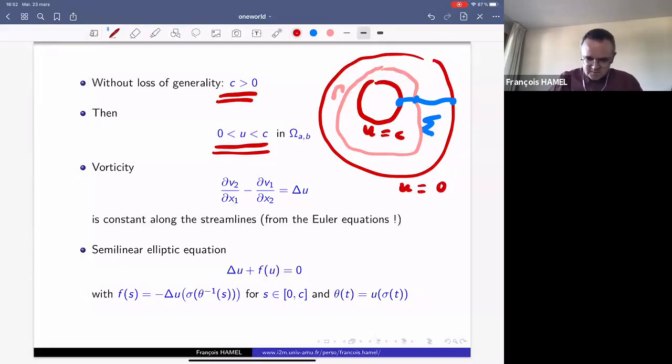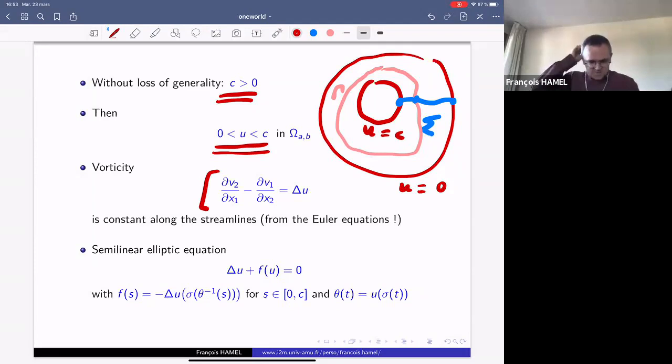Okay, so now we consider the vorticity of the flow. So the curl of the flow, which is a scalar function here in dimension 2, is the Laplacian of the stream function. This vorticity is constant along the streamlines. And this is the only place where we use the Euler equations, as a matter of fact.